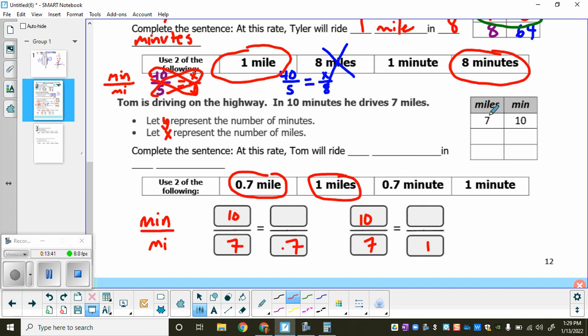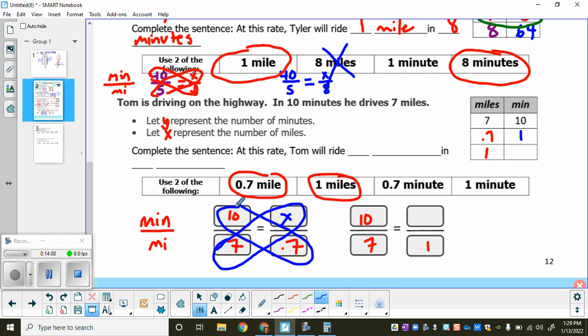So again, for miles, I'm trying the 0.7. And then we're going to try for 1 mile. And we're going to see what the answers are and which one of these works. Okay, kind of which set it would be. All right, so if I multiply here, I'm going to get a 7. 10 times 0.7 is 7. And if I divide it by this right here, if I divide by 7, I'm going to get a 1.